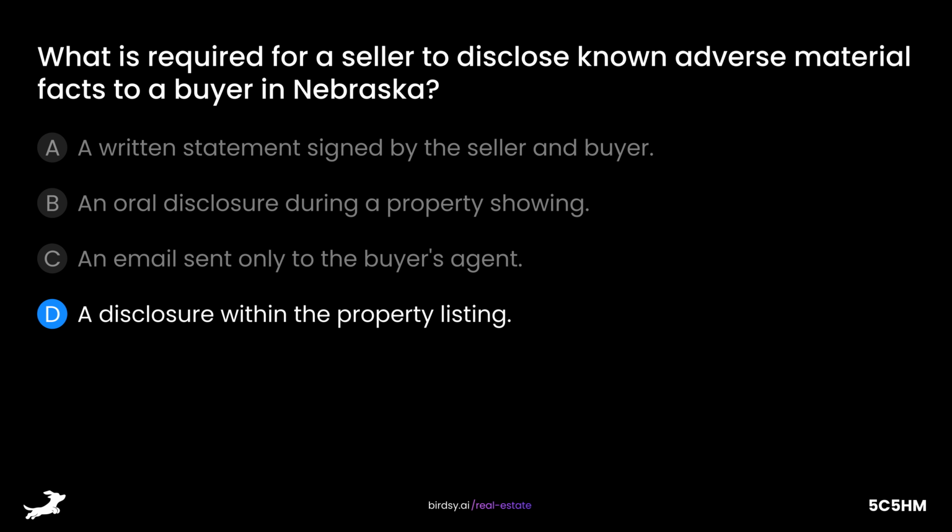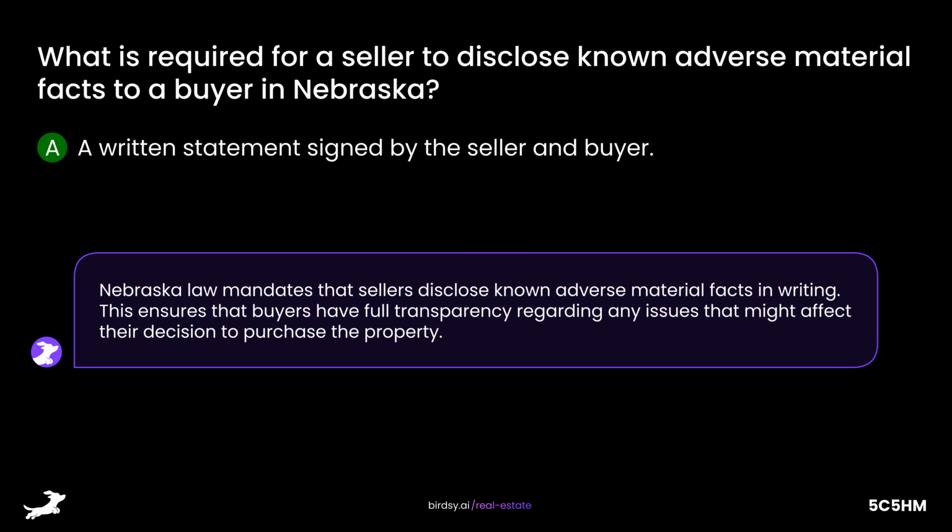Or D, a disclosure within the property listing? The answer is A, a written statement signed by the seller and buyer. Nebraska law mandates that sellers disclose known adverse material facts in writing. This ensures that buyers have full transparency regarding any issues that might affect their decision to purchase the property.